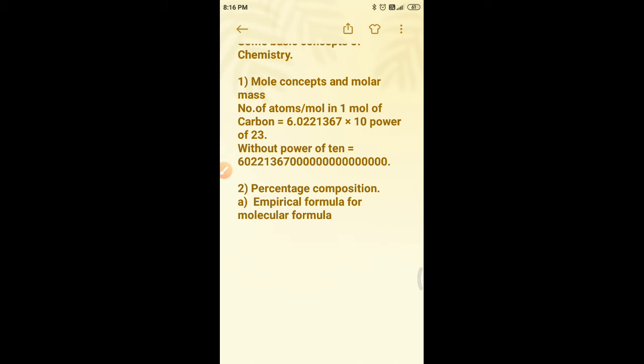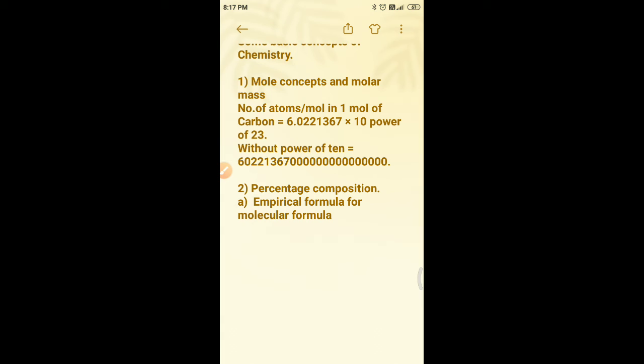We have to divide the other mole values by this smallest value. Moles of hydrogen, 4.0104 divided by 2.021, gives 2.